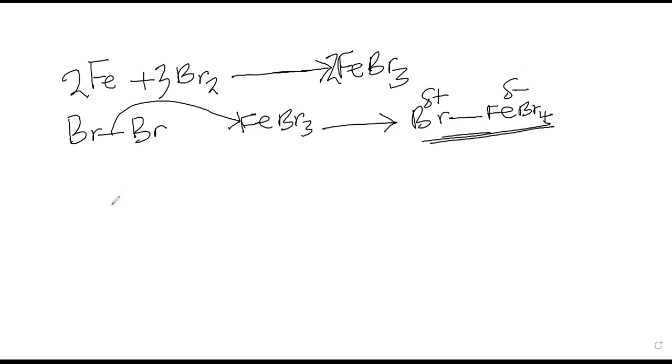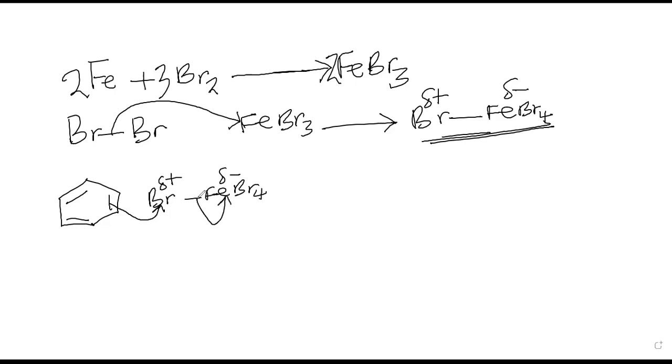So I will have the benzene ring with Br, FeBr4, partially positive, partially negative.